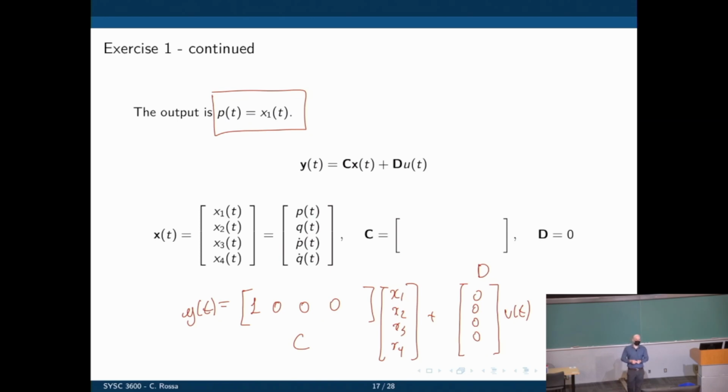And once that's done, then everything else should fall in place easily. Any questions? No? Okay, so if there are no questions, we'll move on.